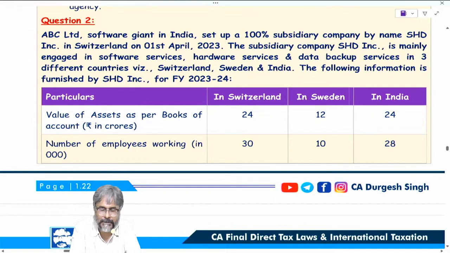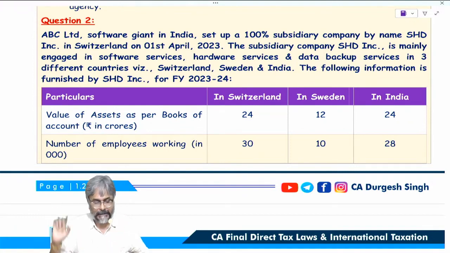That just because the foreign company is a subsidiary company, it may be even a 100% subsidiary, doesn't matter. Just because the foreign company is a subsidiary of an Indian company, will that foreign company be considered a resident in India? To that the answer is no, just because it is a subsidiary. Keep that particular point in mind, students.